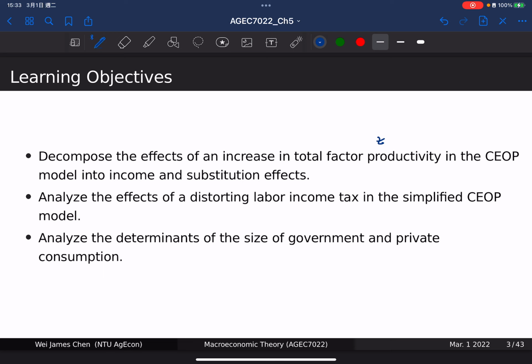Like I said in the previous chapter, Z is the main force that pushes economic growth. So the change in Z is a very important factor that we need to consider. We need to see what happens to the model when Z changes.